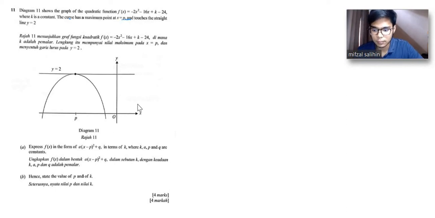So, the first question requires us to simplify this function to a completing the square form. Here we have the function f(x) equals negative 2x squared minus 16x plus k minus 24.